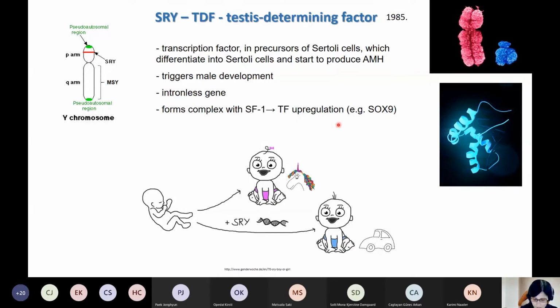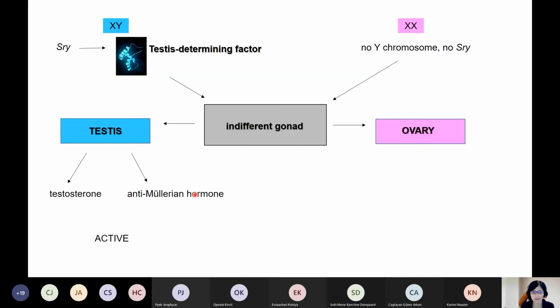We will see a little bit of the cascade which is started by the SRY protein. This sketch shows us also that if we have the SRY gene, male development starts. If we don't have it, female development will start. Schematically, you can see this here as well.